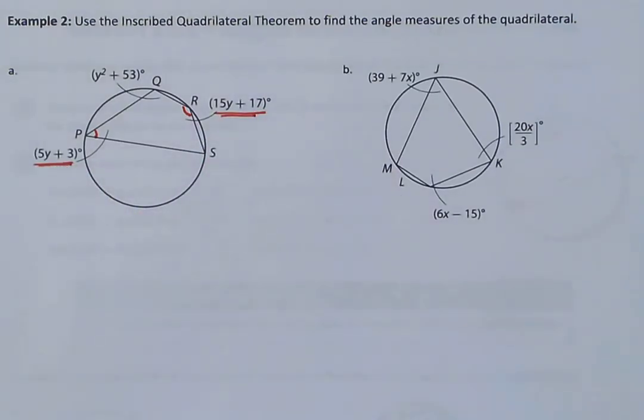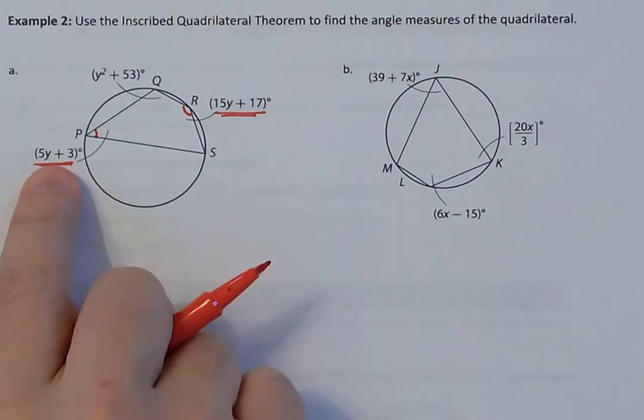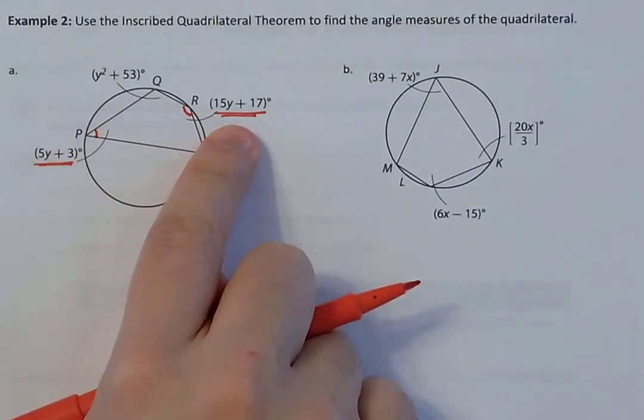Because those 2 are opposite of each other, that means they're supplementary and they add up to be 180. So, if we know they add up to be 180, what we're going to do is take both of these expressions, add them together, and set equal to 180.